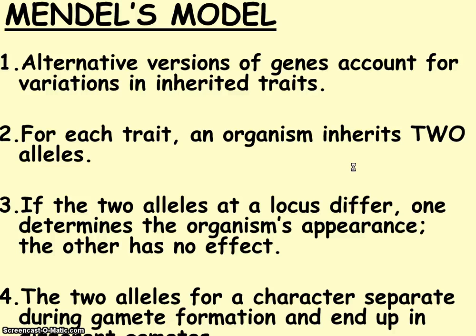If the two alleles at the locus, so that's just like the location, differ, one determines the organism's appearance, the other has no effect. And the two alleles for a character separate during gamete formation, again egg and sperm, and end up in different gametes, so those alleles are going to separate.